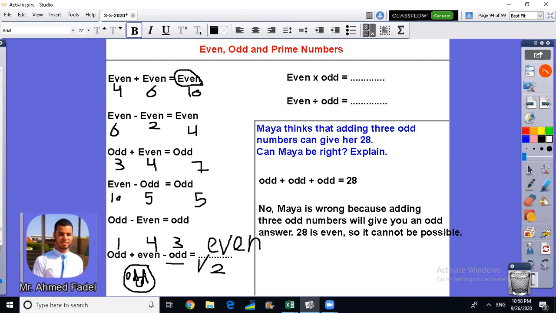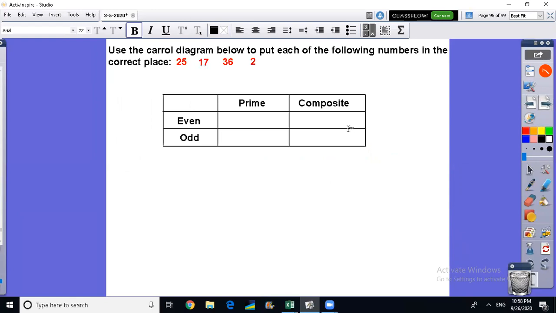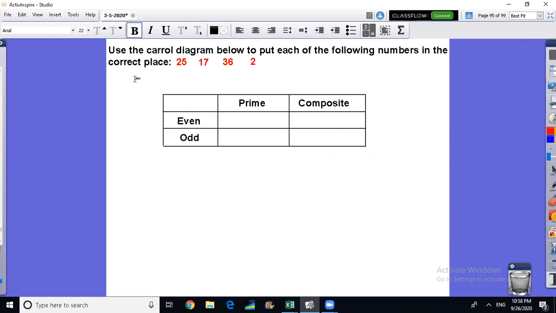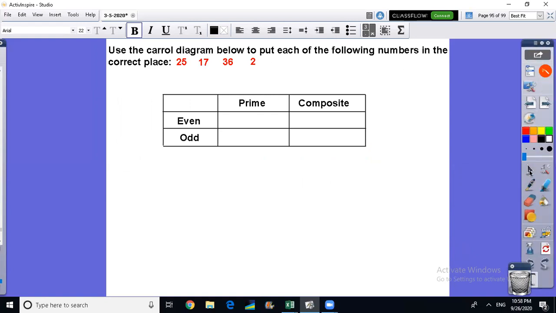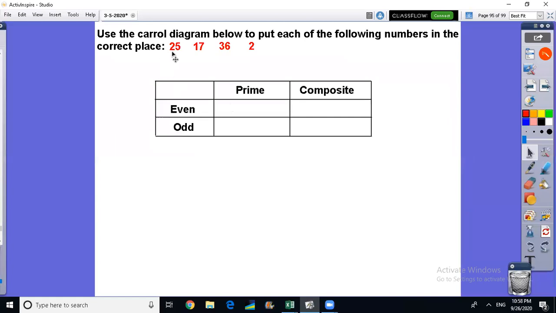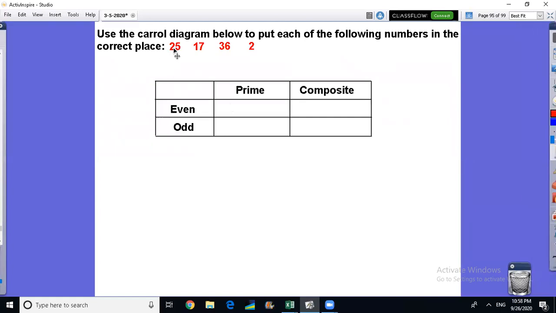I hope that you guys understand this. All right, the last question here: use the Carroll diagram below to put each of the following numbers in the correct place. Here we have even, odd, prime, composite. This is what the Carroll diagram means.